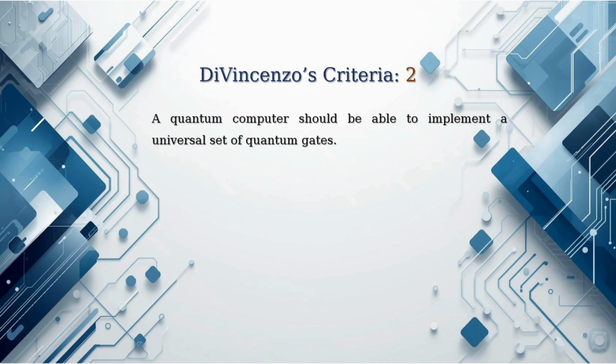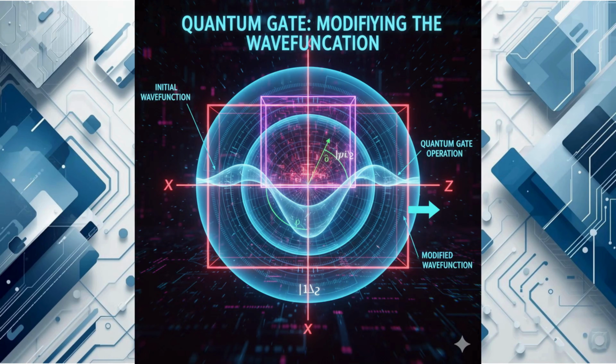The second criteria is that a quantum computer should be able to implement a universal set of quantum gates. Often, pulses with the appropriate frequency, shape, amplitude, phase, and duration are used to interact with a qubit.